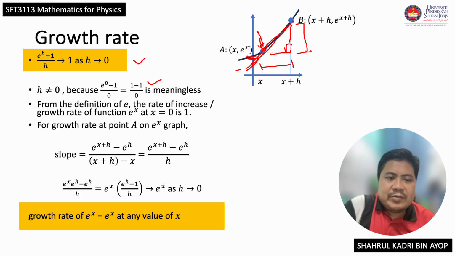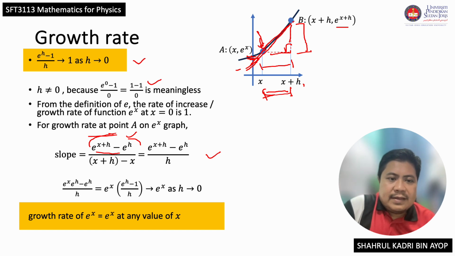That's why we get this expression: e power of x plus h, minus e power of x. And then this other point, because this b point is here, we divide by this length. So we simplify, and we get this.